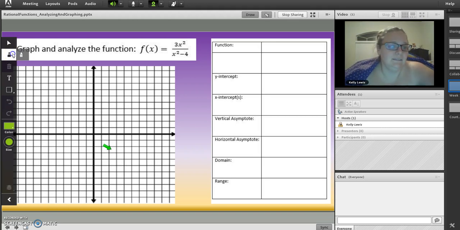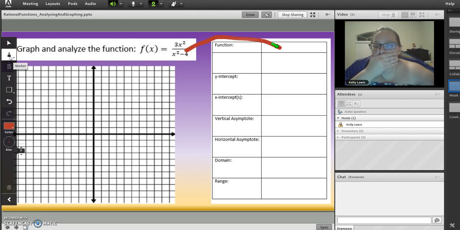So this is our function. What I do is I try to factor anything I can. So that bottom part right there, I can factor.